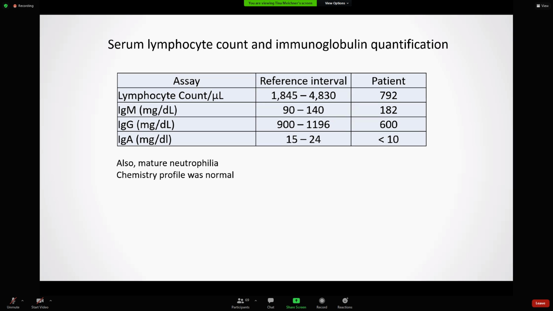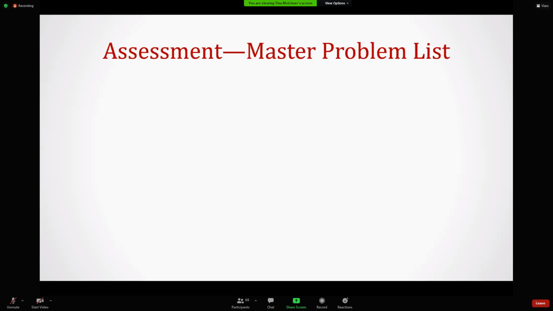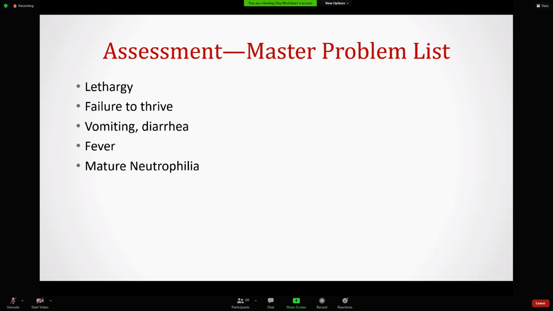Okay. Are there any questions in the chat? Good. All right, so when we now put all of these findings in a master problem list, what would you put in here? Very good. Yeah, we want to leave lethargy on, failure to thrive, vomiting, diarrhea, we have fever, we have a neutrophilia, and a lymphopenia.